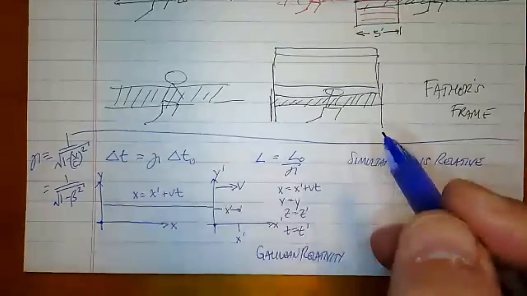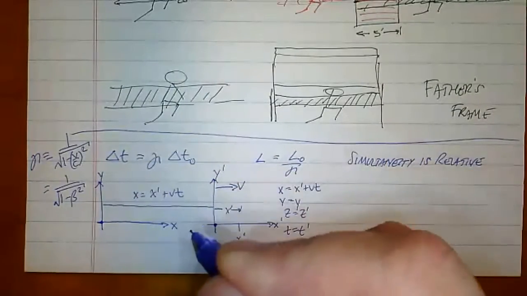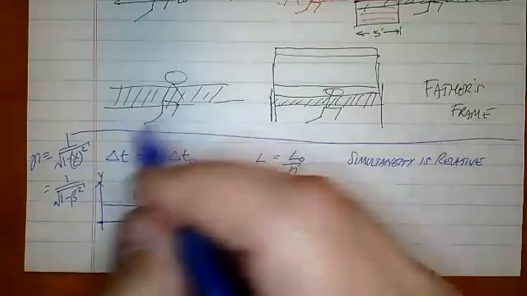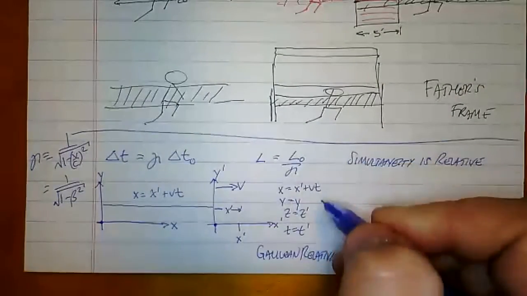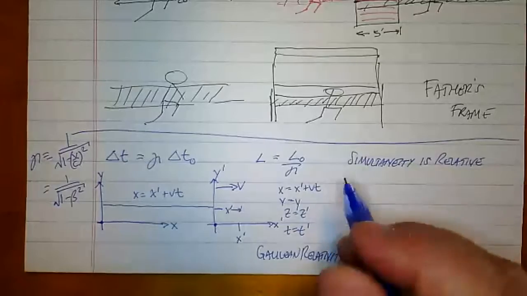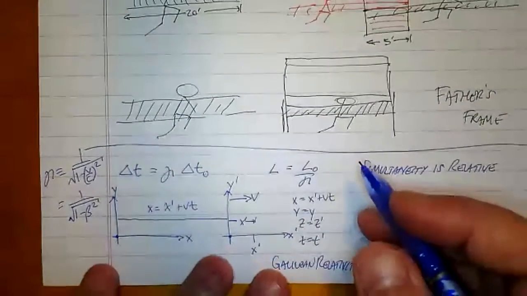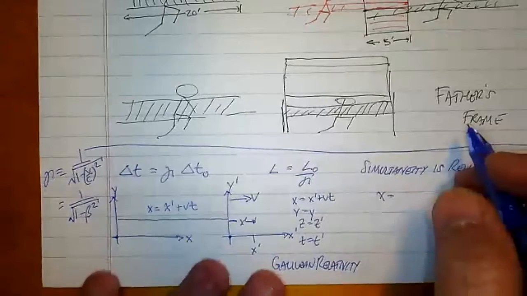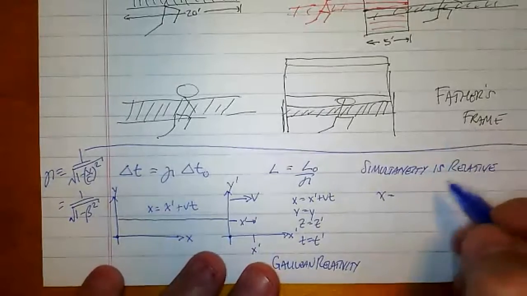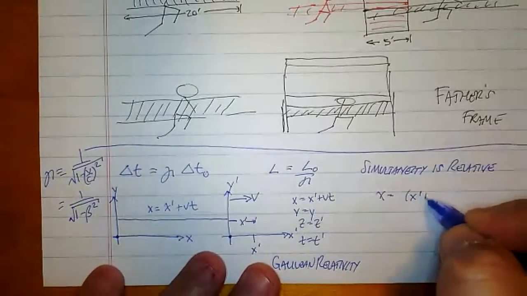And then there's the same thing for the prime coordinates, and you set them equal to each other, and then you try setting y, z both equal to 0, and then lo and behold, you'll get another equivalent form of this. But in this case, the actual equations become x is equal to, I'm going to leave a little space here, x prime plus vt.